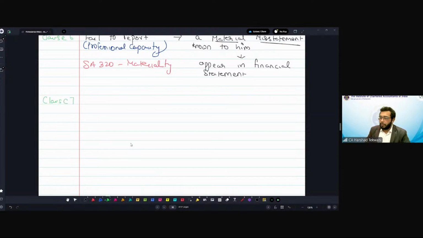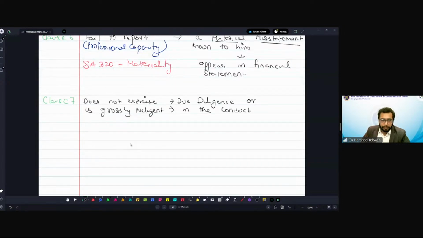Clause 7 says that if a CA in practice does not exercise due diligence or is grossly negligent in the conduct of his professional duties, at that particular point in time, he will be held guilty of professional misconduct.